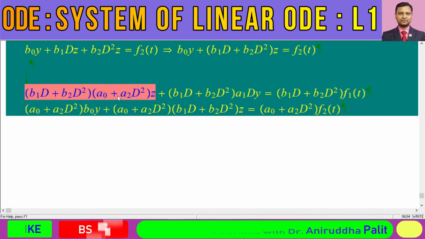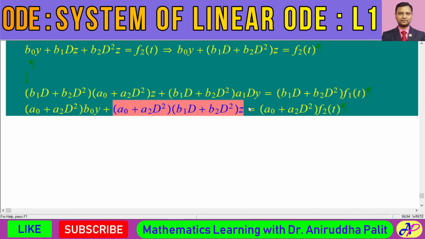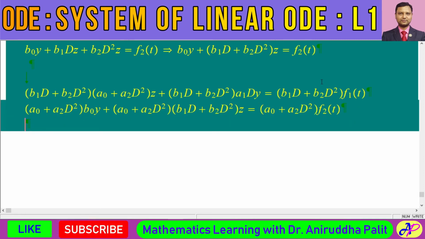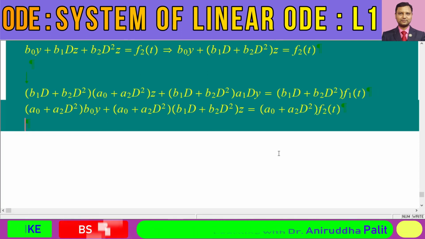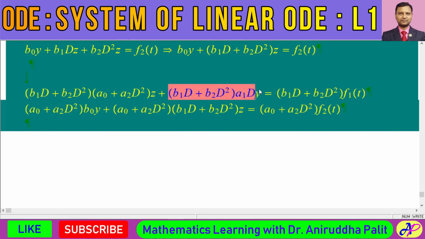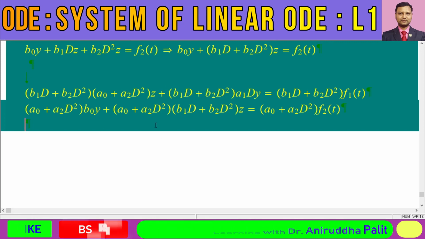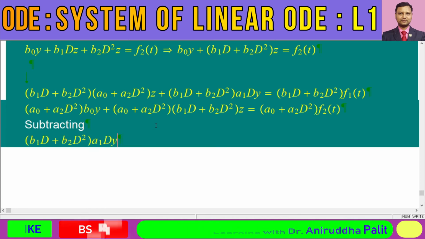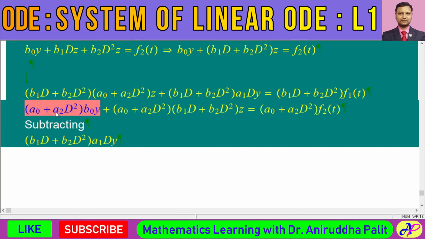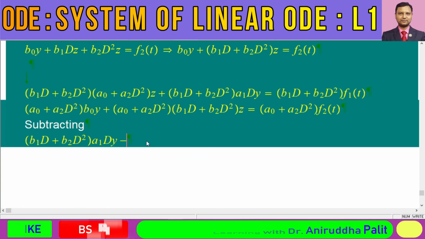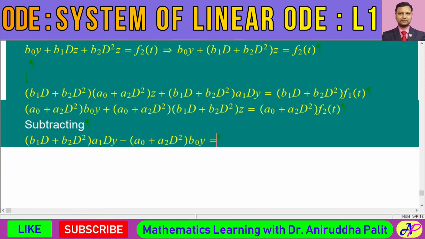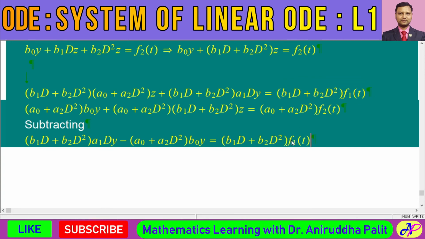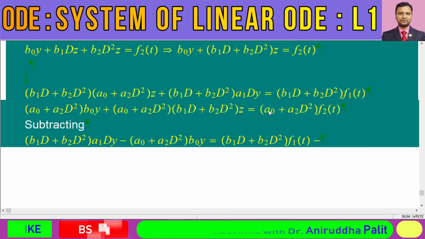This expression and this expression are the same expression. So now if we simply subtract one equation from the second equation, what shall we get? We shall get this expression minus this expression, which is equal to this right hand side minus this right hand side.